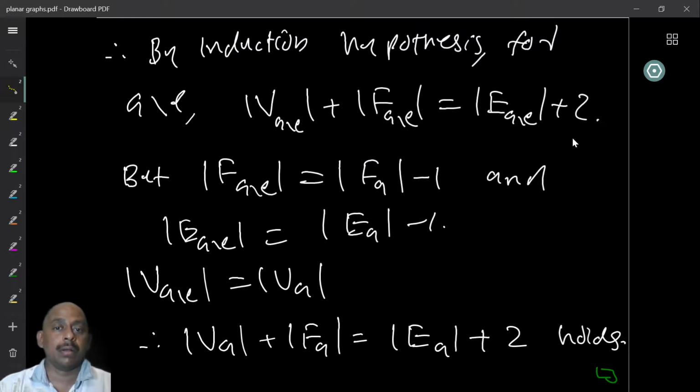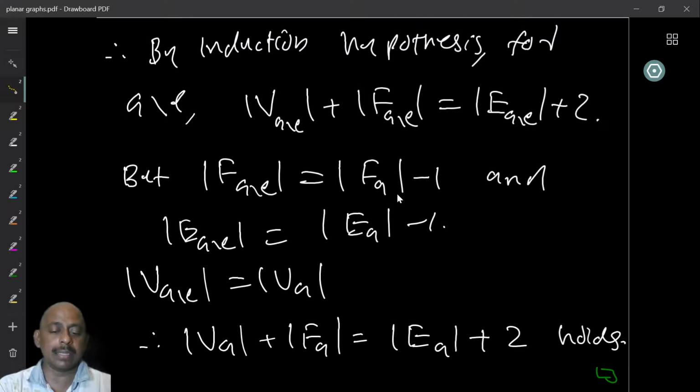Now, what we know is that the number of faces is exactly 1 less than the number of faces in G. So this equation is true. The number of edges also has decreased exactly by 1, right? That's how I got G minus E, by deleting exactly 1 edge. But what happened to the number of vertices? It remains the same.